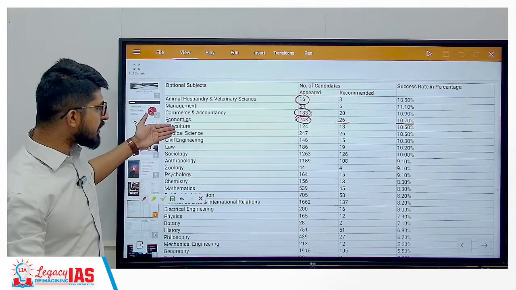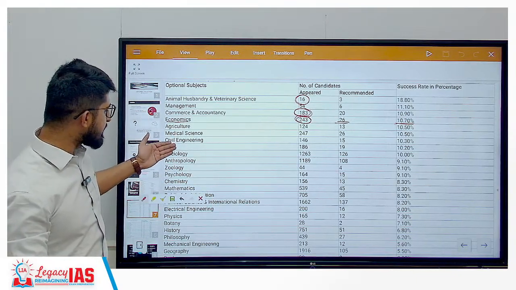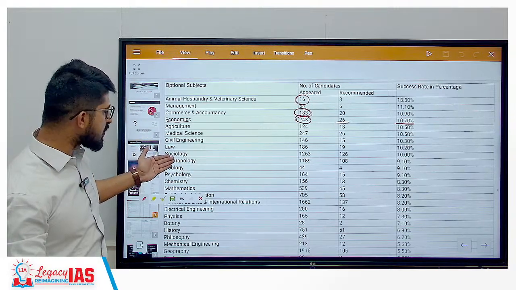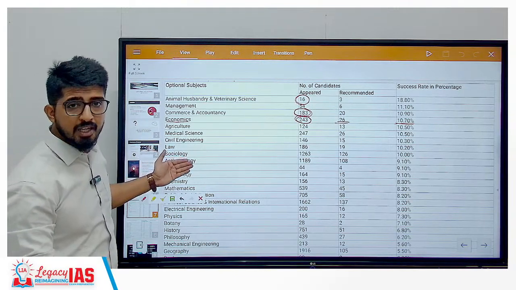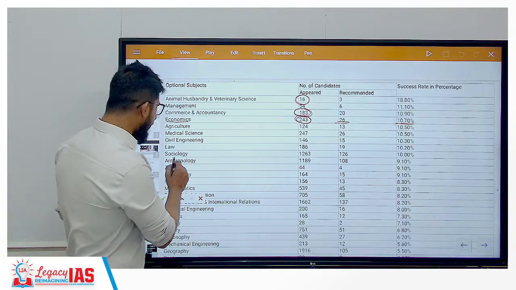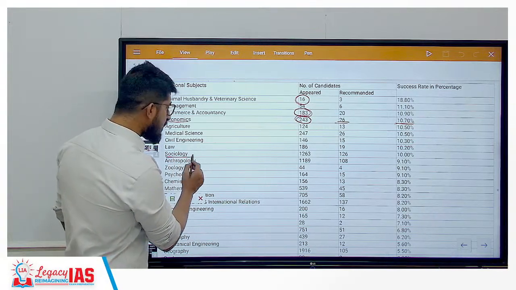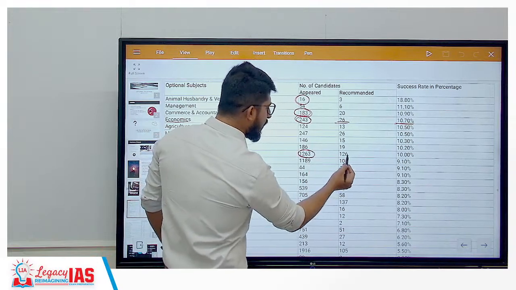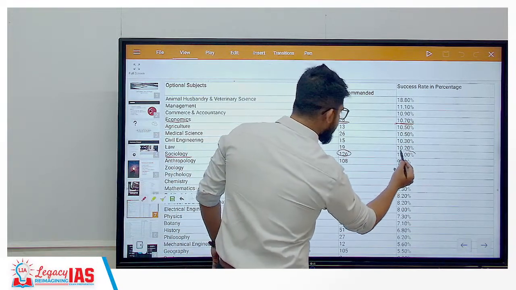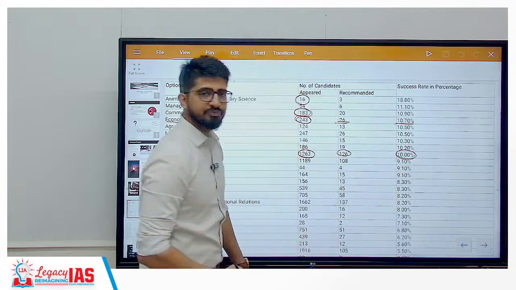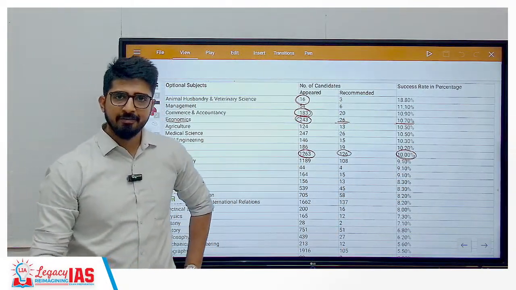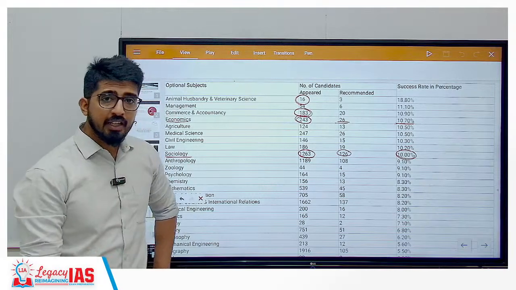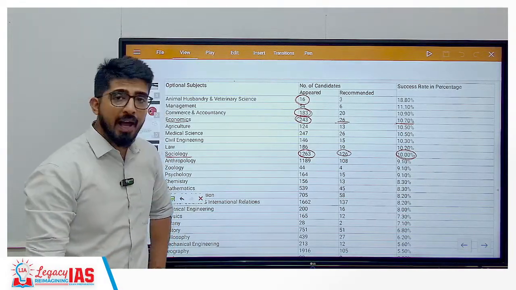Agriculture, you need a background. Medical science, you need a background. Civil engineering, law, you need a background. Sociology is a subject which you can choose without any background. So that is a very good performer. Look at this, 1,263 people, 126 got selected, which is a 10% success rate, which is really good considering people do not have the background as such.